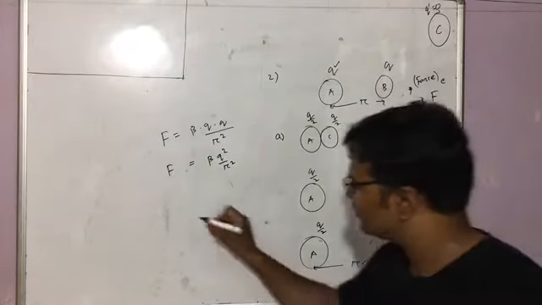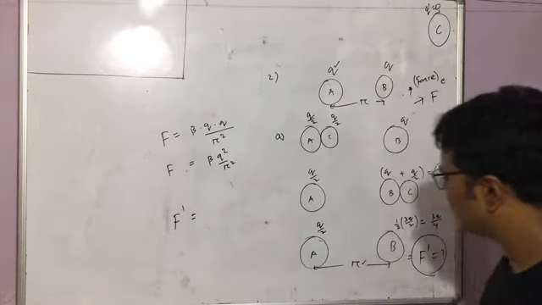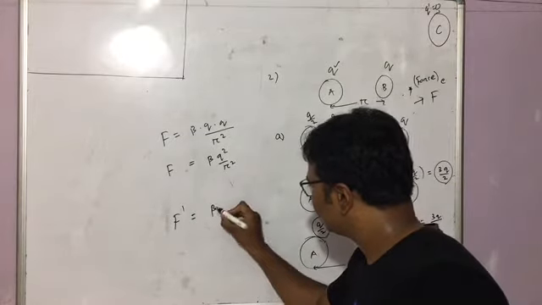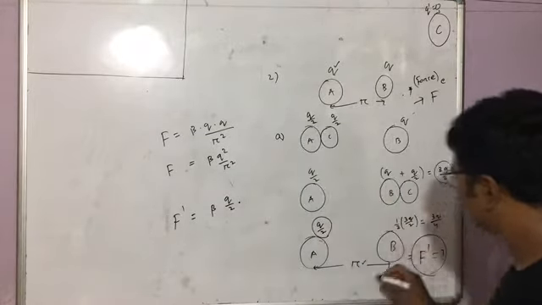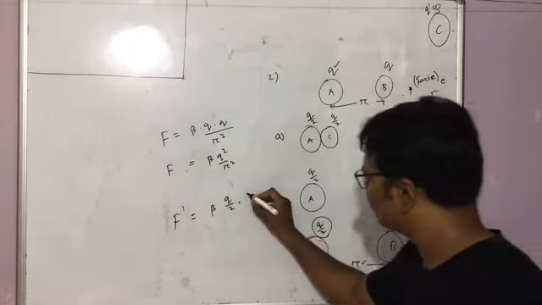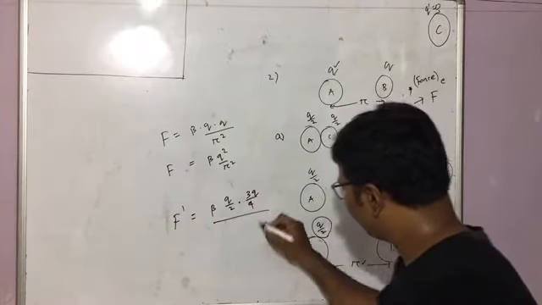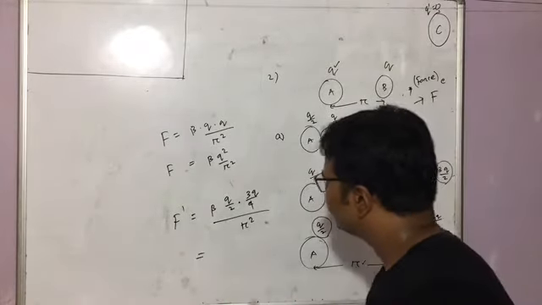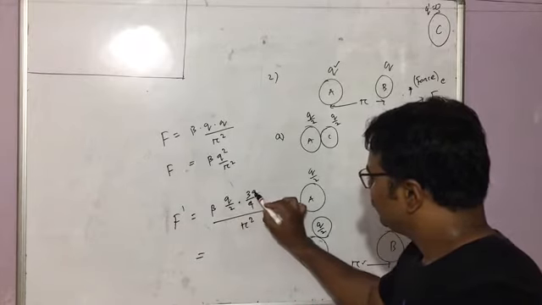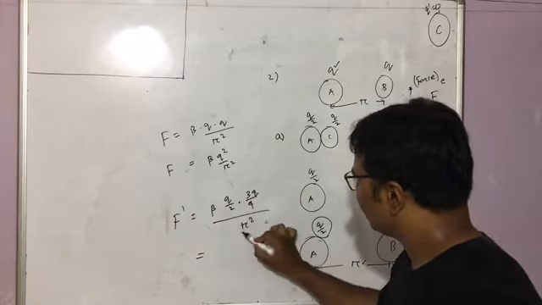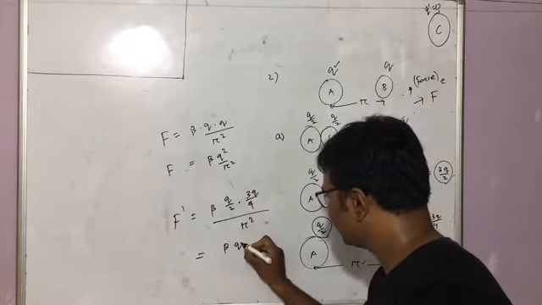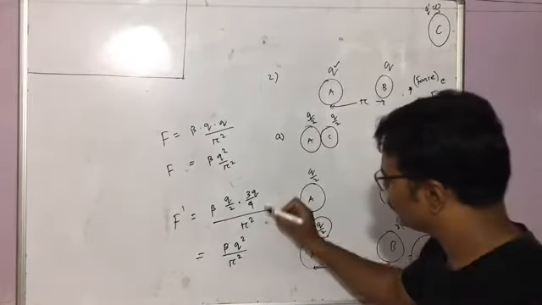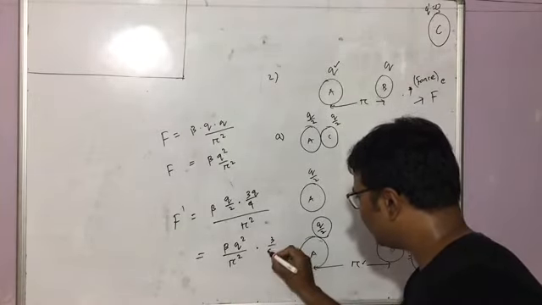Now F dash is equal to beta into charge on A, charge on B. Charge on A is Q by 2, into charge on B, 3Q by 4, divided by R square, as the distance remains the same. Now beta Q square by R square I will be taking out, and the remaining factor is 3 by 8.